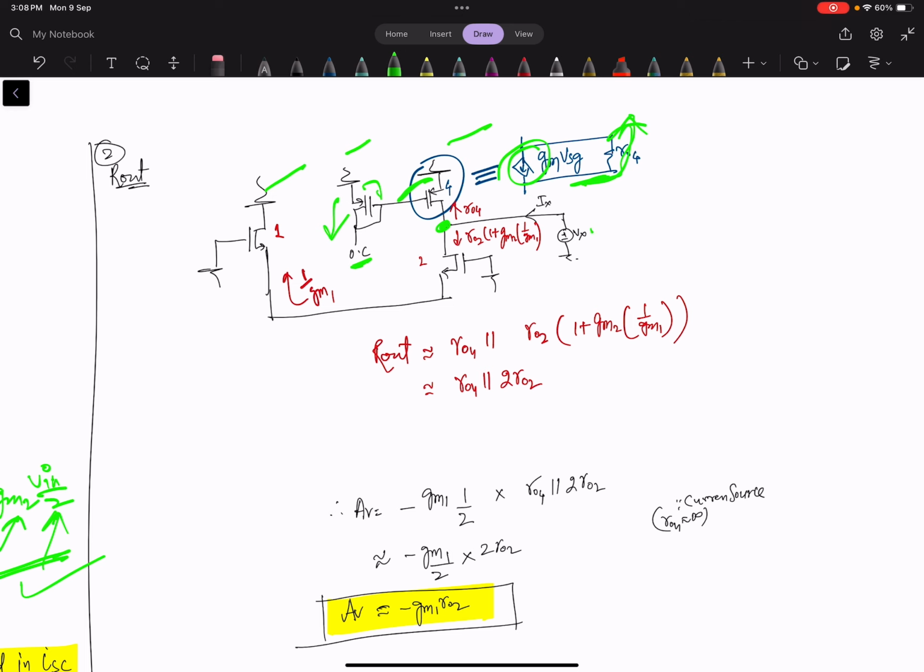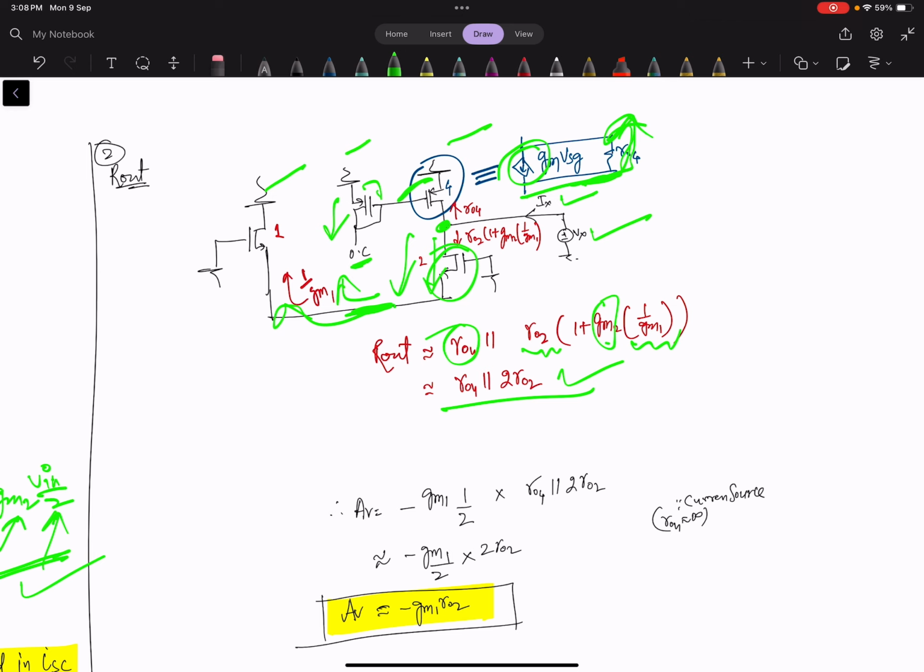So if you apply Vx, the total current is the current from this to this r_o. Simply the resistance is r_o4, and the resistance seen from this node is r_o2 times (1 plus gm of this multiplied by the resistance seen from here), so that will be 1 by gm2 gm1. That is why it will come r_o4 parallel to r_o2.